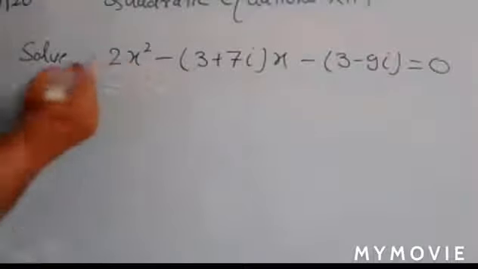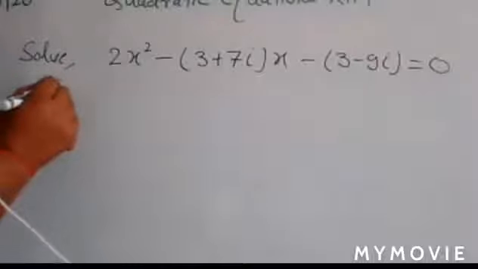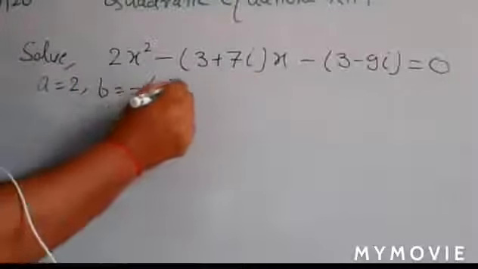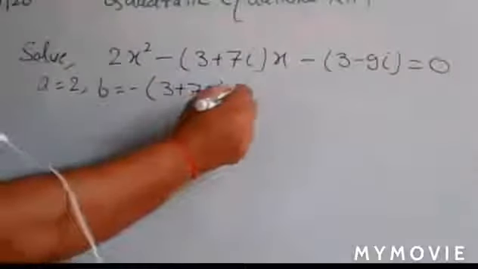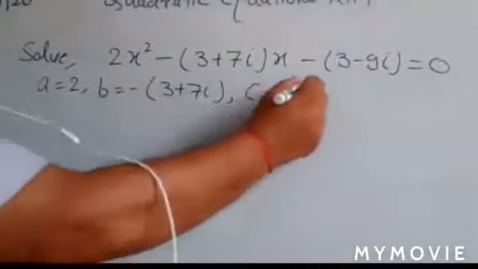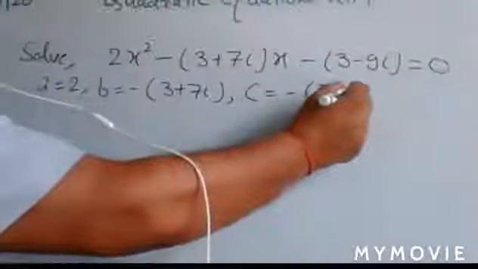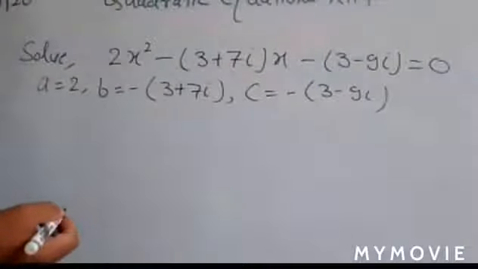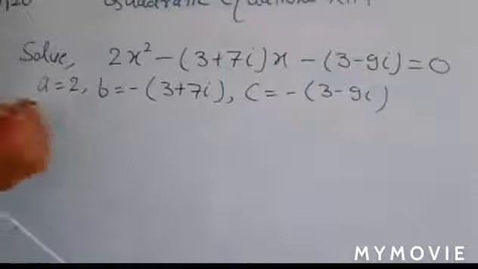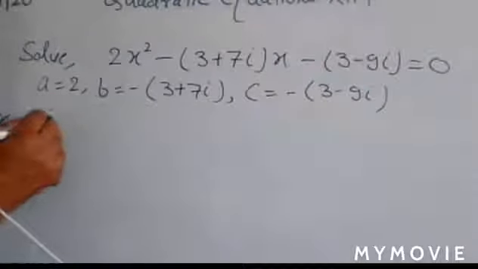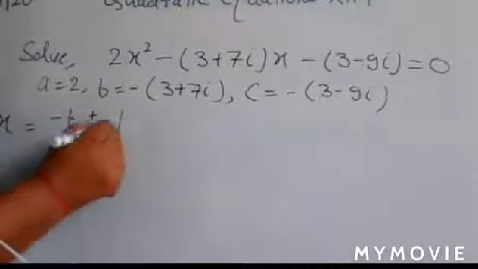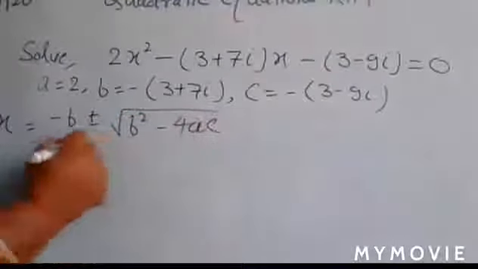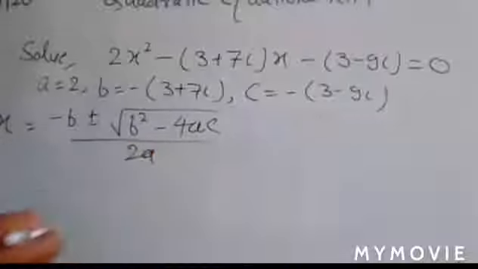So again comparing, a is equal to 2, b is equal to minus (3 plus 7i), and you write here c as minus (3 minus 9i). Okay, so you write x is equal to minus b plus minus root of b square minus 4ac, whole divided by 2a.